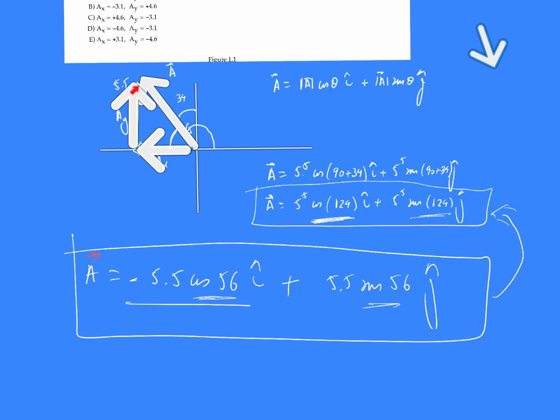What is the magnitude of this one? 5.5 sine of this angle. This angle is 56. So the vector is this plus this: minus 5.5 cosine of 56 in the minus i direction, and the other one is 5.5 sine of 56 in the j direction. And the problem is done.